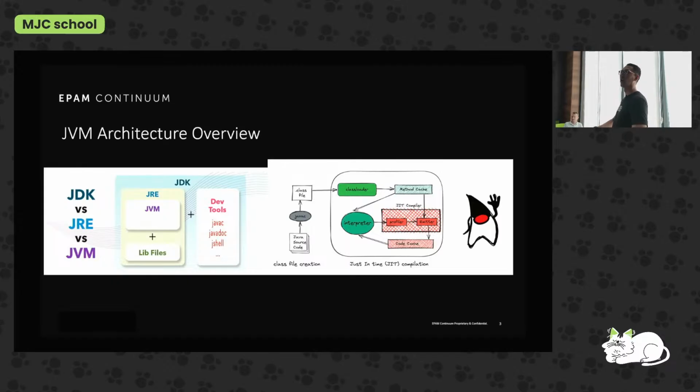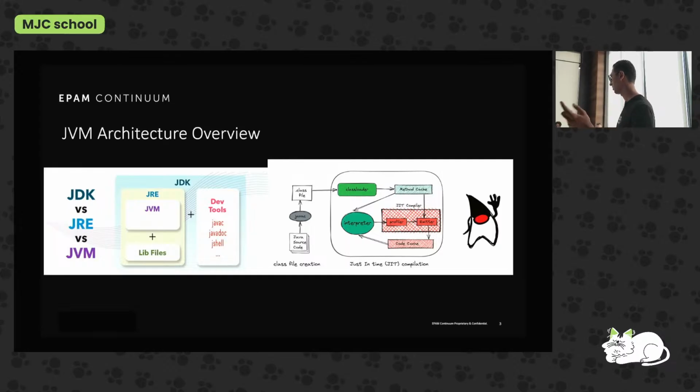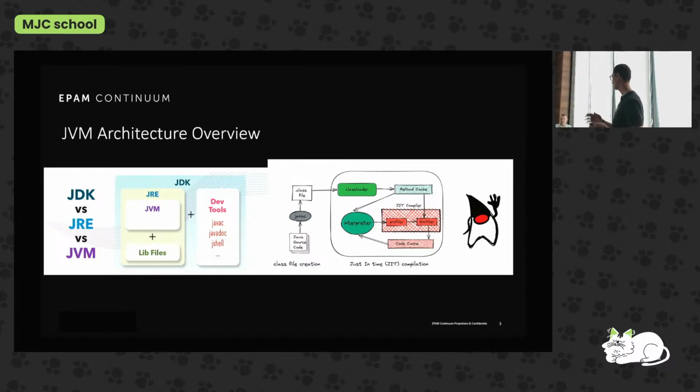And then on the bigger picture, we have the JDK, the Java Development Kit, which includes the JVM, the JRE itself, and then some of the dev tools like javac, the Java compiler, javadoc, etc. All related to the Java command line utility tools. Like prior to, for example, Java 8, we used to have VisualVM, which was used for monitoring. We will touch on that a bit later. And also we have the Java console, right? And other utilities which we can use for investigating memory and JVM-related issues.